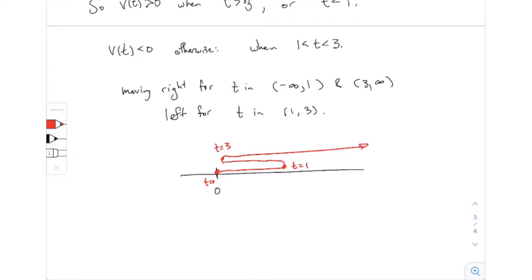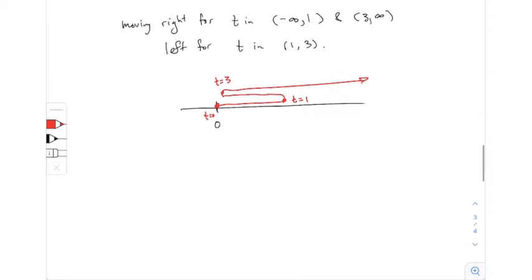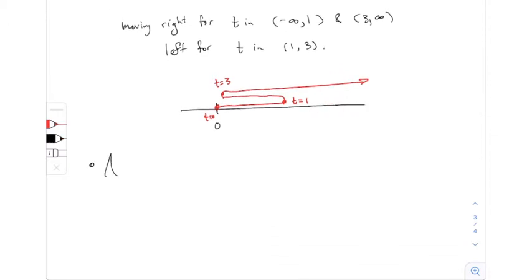One more question to ask, which is maybe the most complicated of all of these. At which times is it speeding up versus slowing down? All right.